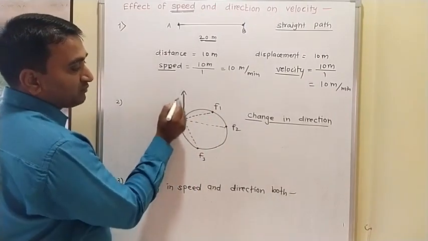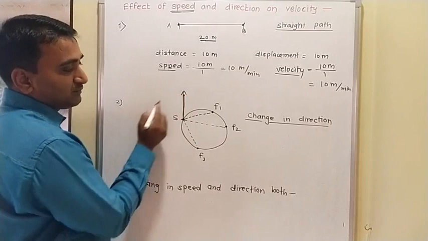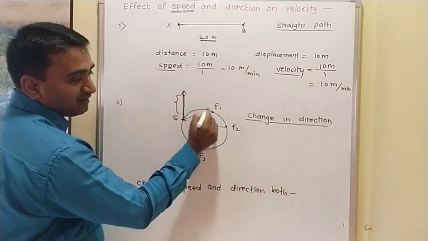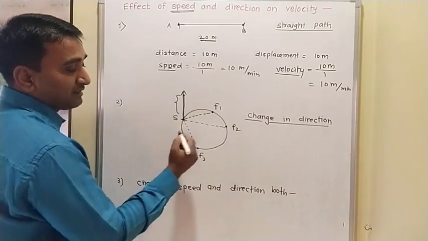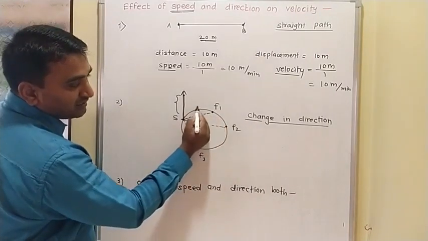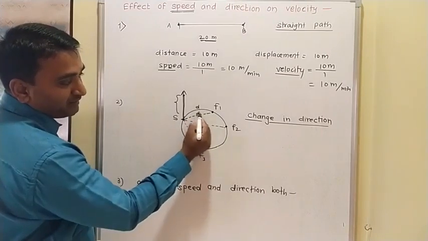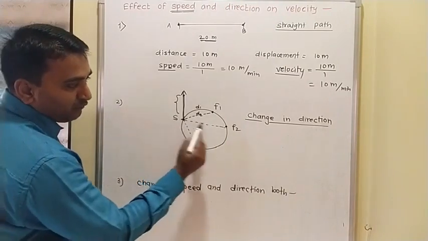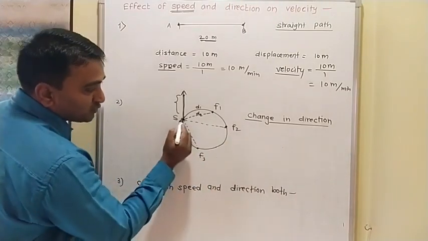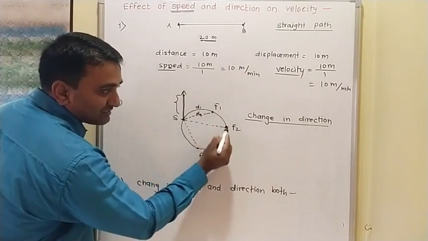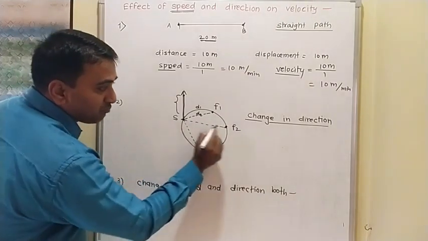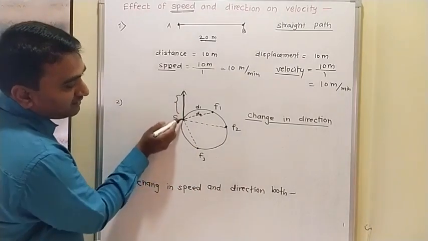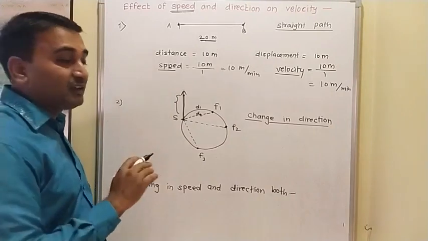One person is moving from S along this path, so this is the distance covered, and this is the displacement. Got it? D1 distance, D2 displacement. Now if we consider final point number 2, this total path is the distance covered, but the minimum distance is the displacement.